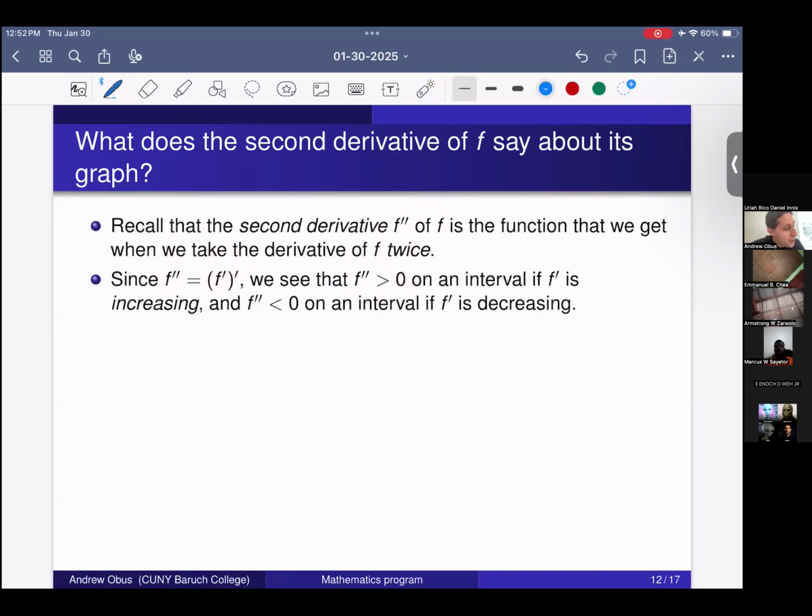Let me write this out in a little more detail. f double prime greater than 0 means that f prime prime is greater than 0, which means that f prime is increasing.